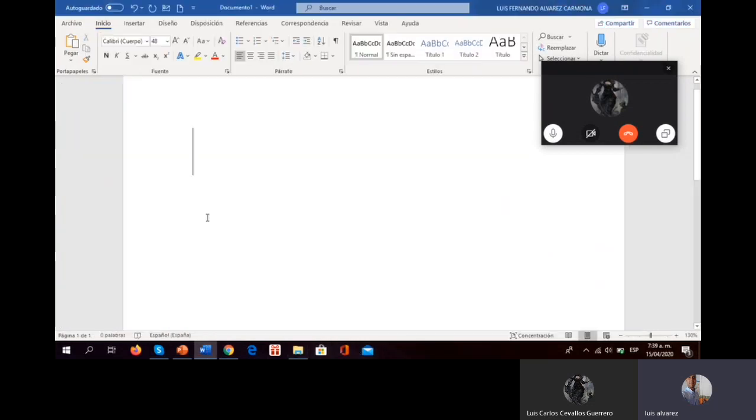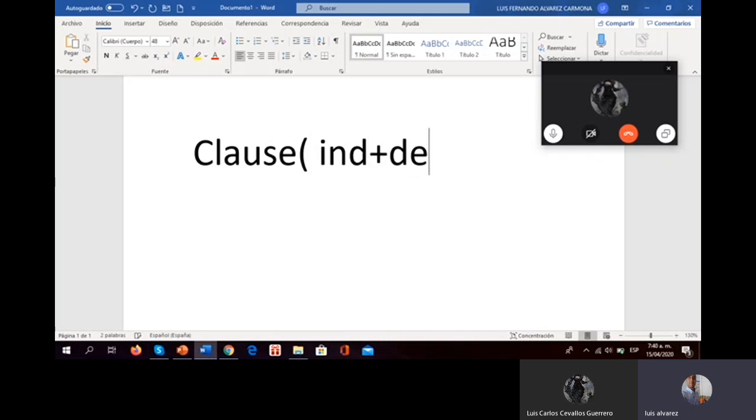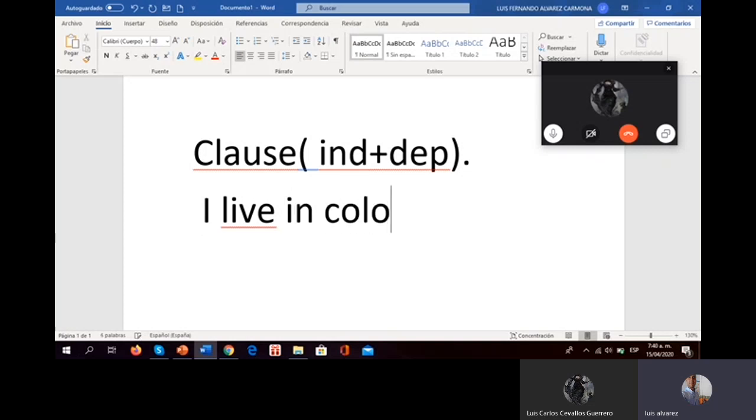So in general terms, a relative clause is a relation between an independent clause and a dependent clause. An independent clause is a complete sentence. For example, I say, I live in Colombia, right?